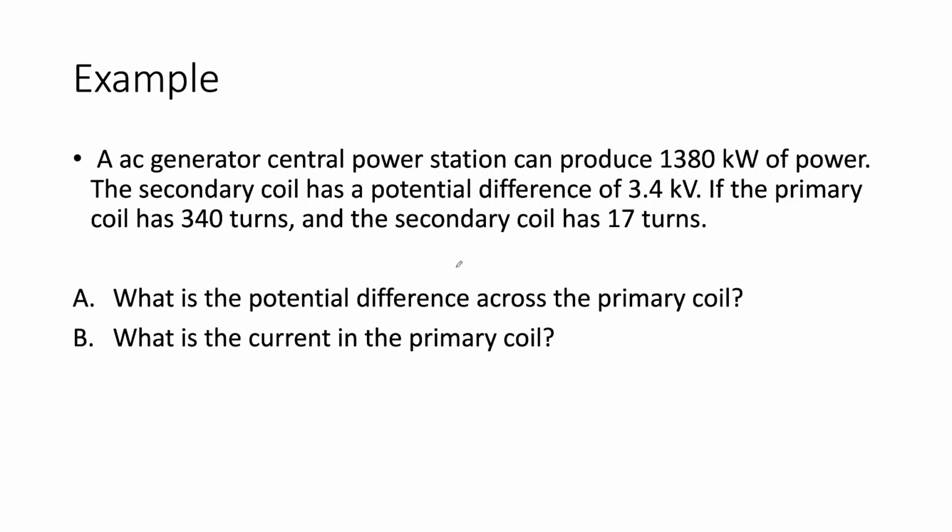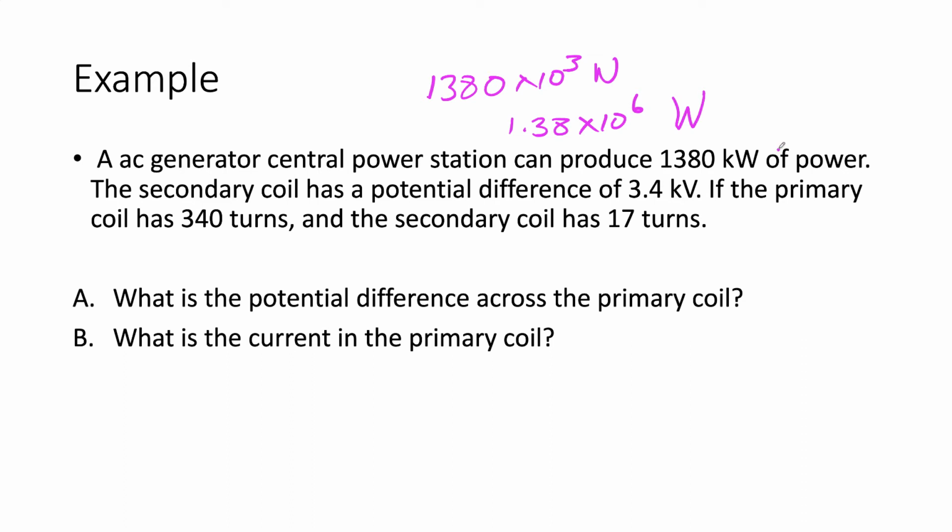So here's our example. We have an AC generator that produces 1,980 kilowatts of power. That's a lot. And we can say 1.38 times 10 to the 6th watts. Both of these are the same number. We're just converting it so it's something more usable. And guess what?